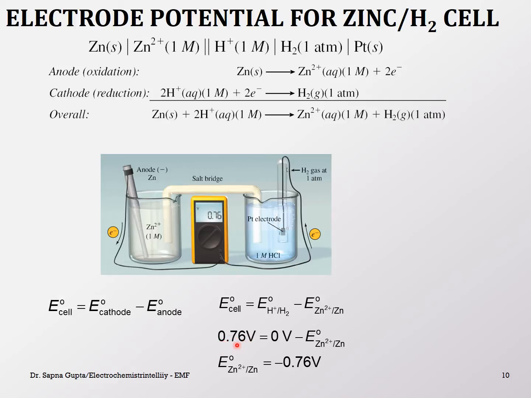So if you remove the 0 voltage from here, which you can very easily, then minus E naught of zinc is equal to 0.76. So instead of minus E naught, you take the E naught, which is equal to minus 0.76. This minus is really important over here, so do not mess that up.